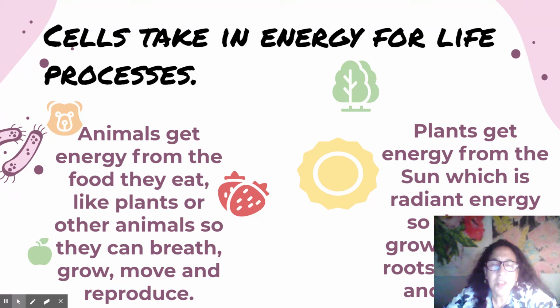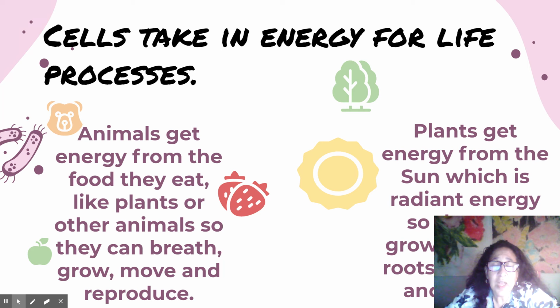And the last thing we talked about is the fact that cells need energy to live their best life, to do what cells are supposed to do. If you're a stomach cell, then you're going to make acid so your animal can digest its food. If you're a plant cell, you may be a cell that has chlorophyll in it, so you can grab that light from the sun and make energy from it.